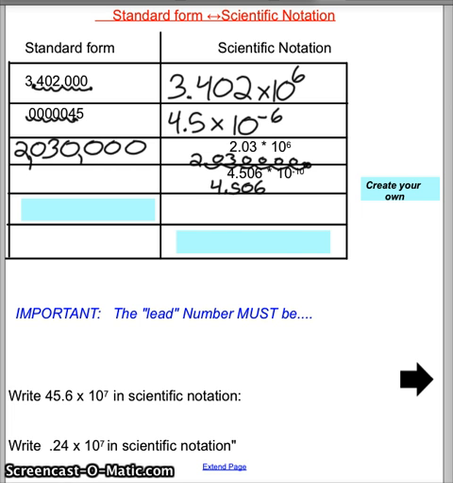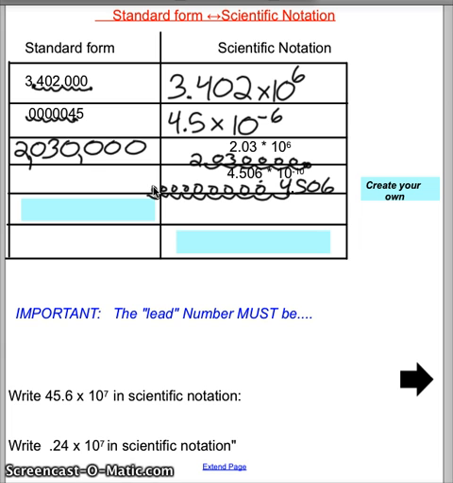So now I'm actually going to rewrite this because I'm going to need a little bit more space. I'm going to write it over here, 4506. So I'm going to move it over 10 in the negative direction. 1, 2, 3, 4, 5, 6, 7, 8, 9, 10. And for every one of those empty spots, I'm going to put a 0.